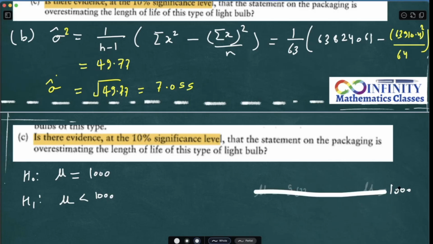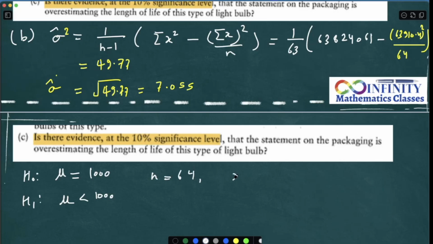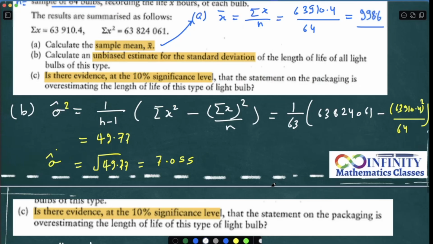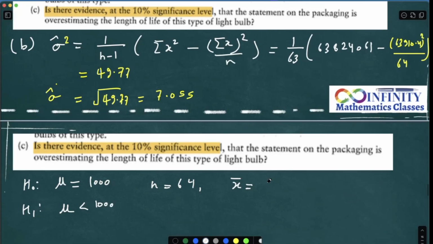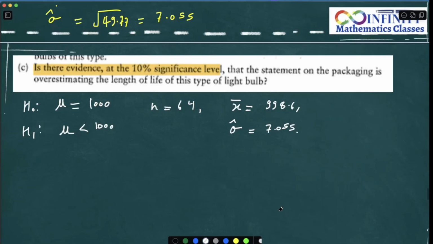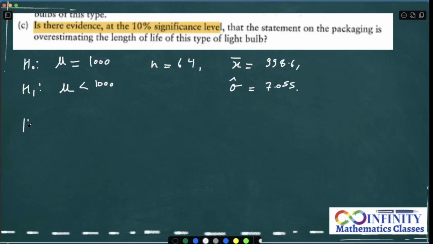So let me now see what n was. n was 64 in this case. The mean we obtained in part A is 998.6. Sigma hat we obtained is 7.055. So let us try to find out the Z value.